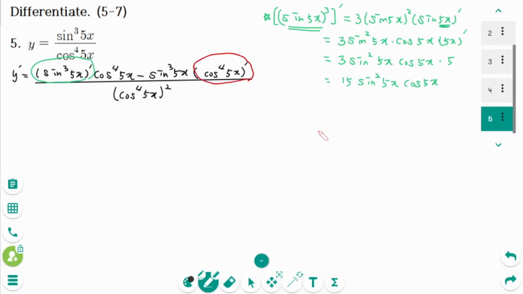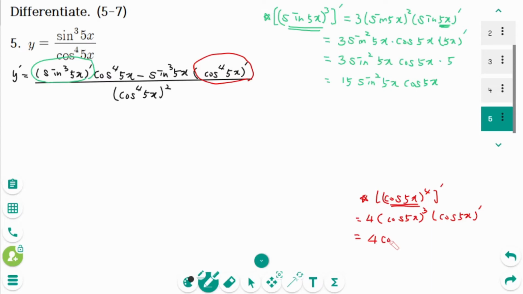Then the second one, cosine 5x to the power of 4, prime, equals, think of this one as u, so u to the power of 4 prime is 4u cubed times u prime.